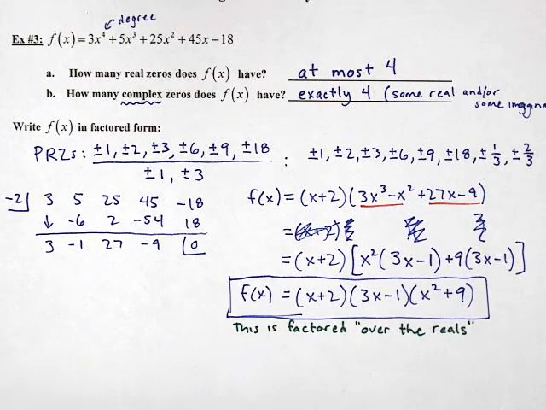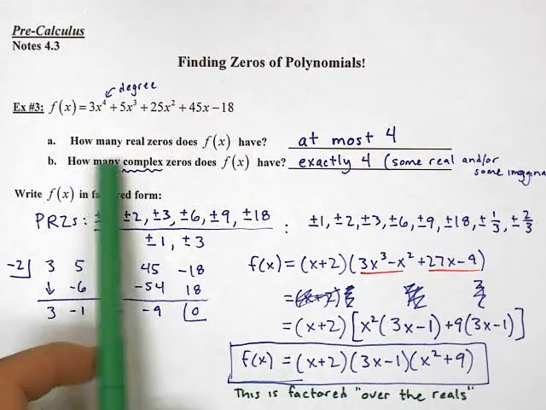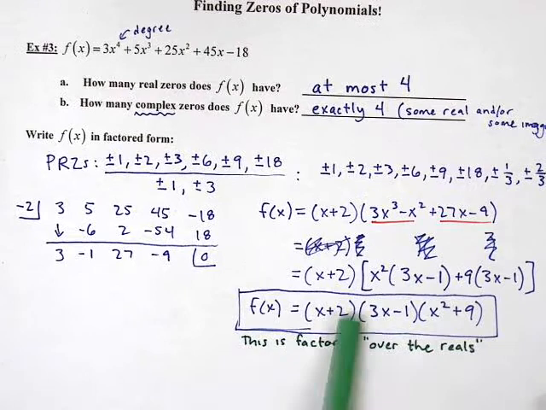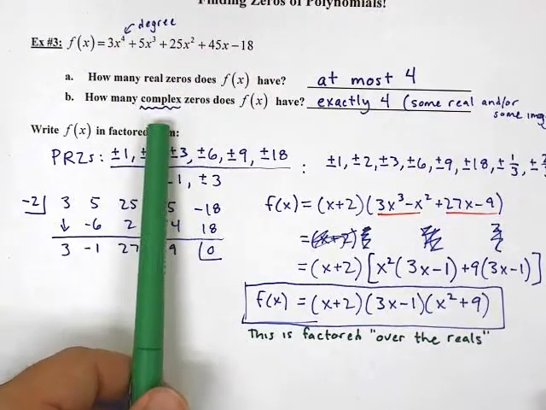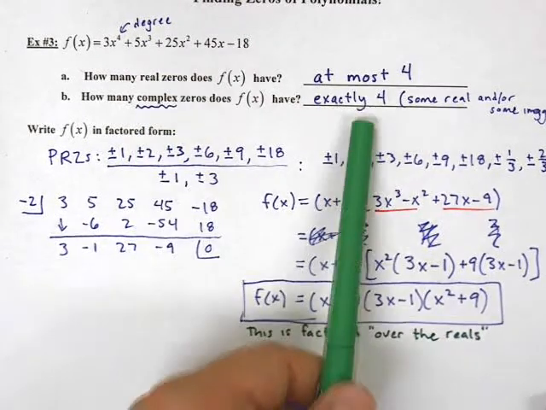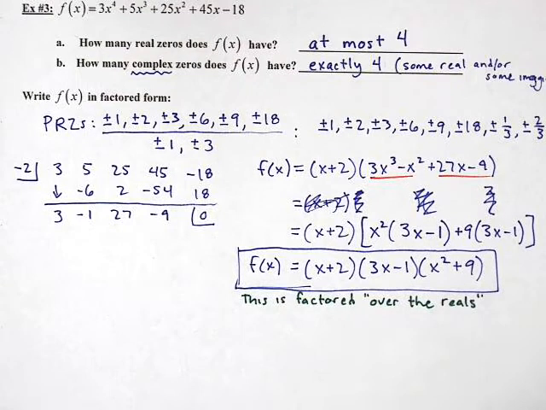What we're trying to say, though, is that we're trying to get this idea across, right? If we want real zeros, at most 4, there's our 2. But if we're talking complex now, or factoring over the complex number system, I need all 4 factors. Alright, and that's what we're going to work on now. Now in this case, this one's actually really nice.